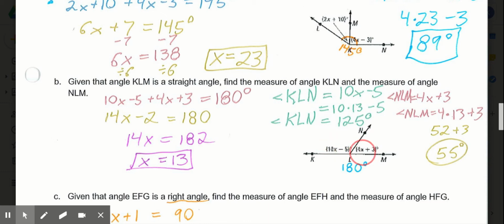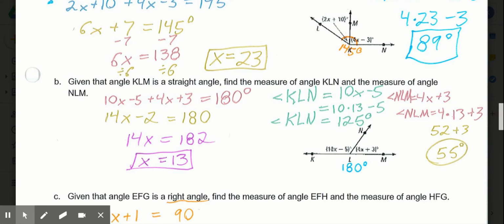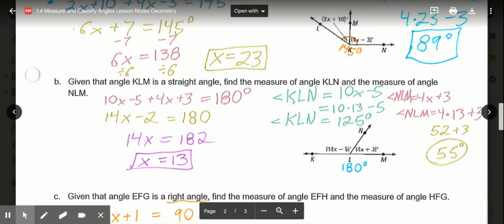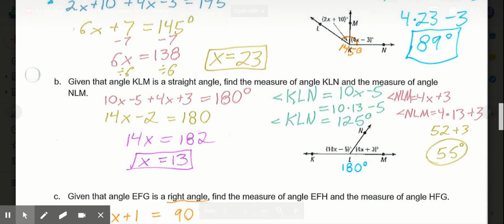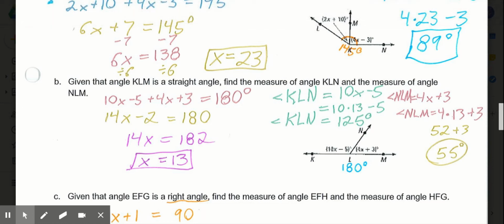We can take the 10x minus 5 from KLN and the 4x plus 3 from NLM and set that equal to the total of 180 for KLM. So 10x minus 5 plus 4x plus 3 equals 180. Solve for x, so we simplify on the left. 14x minus 2 equals 180. Add the 2 to each side, divide by 14, and x equals 13.